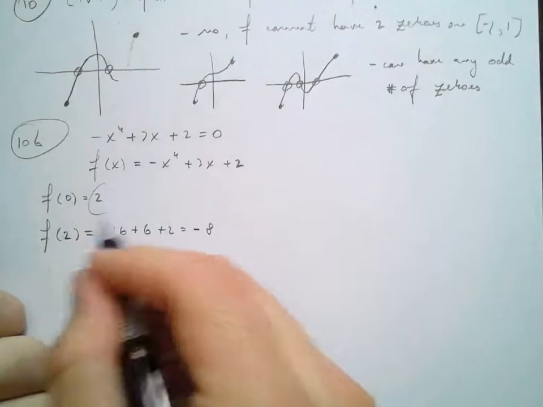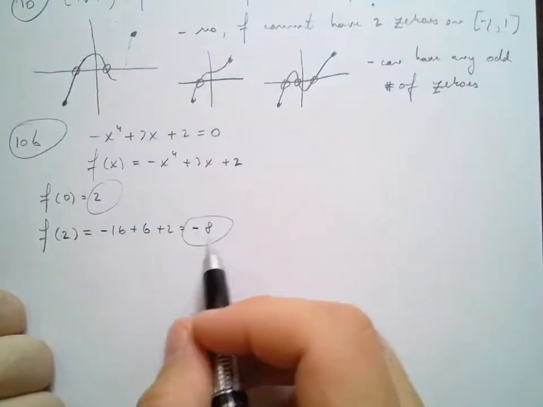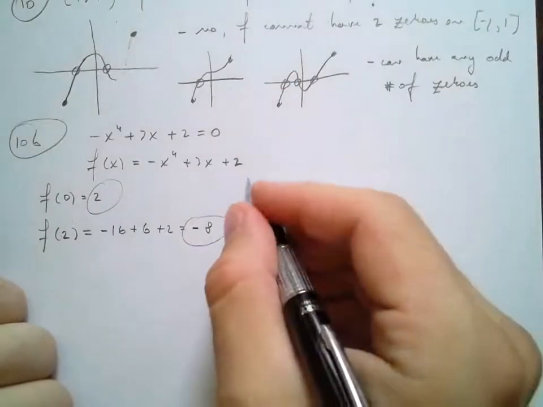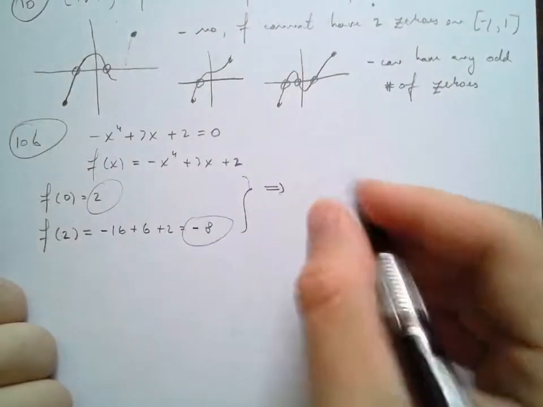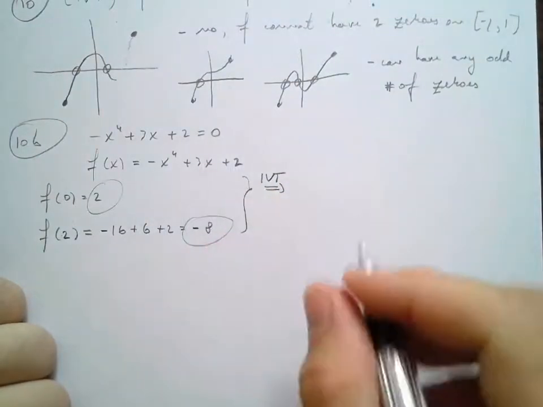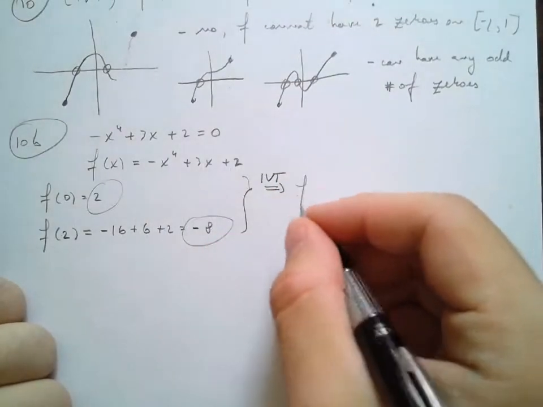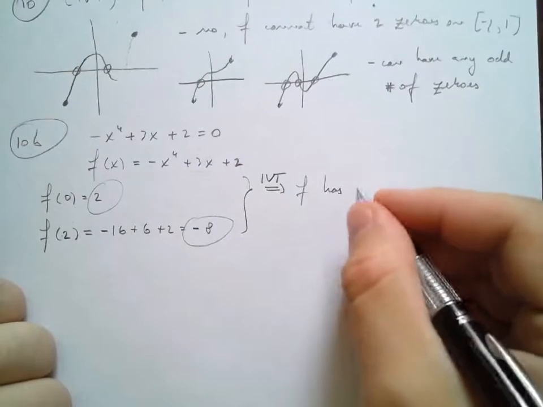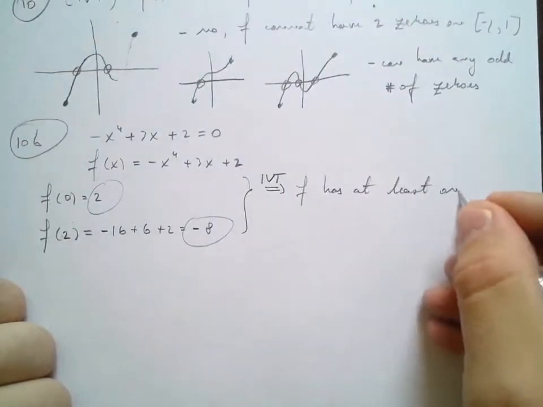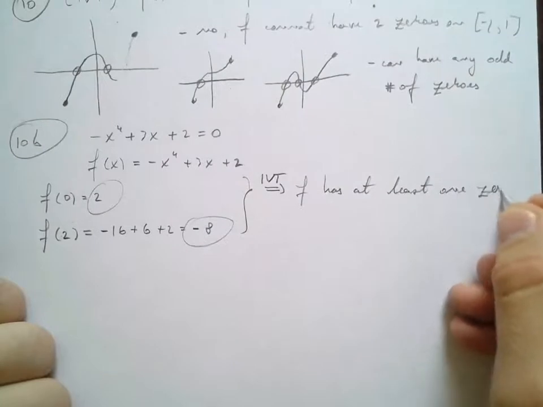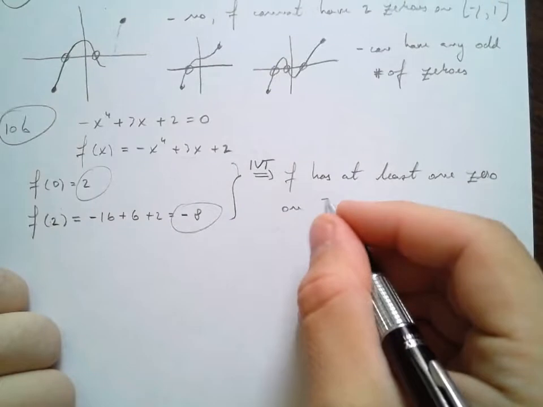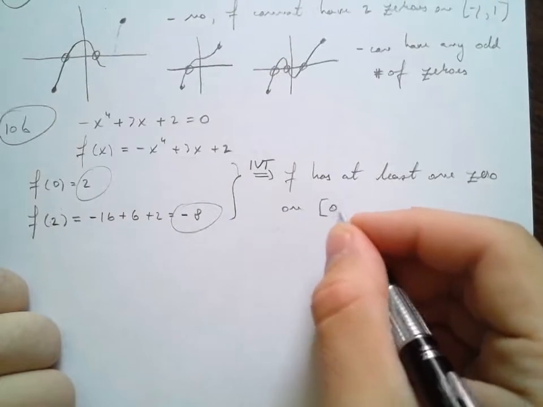Now since one of these was positive and the other one was negative, that means by the intermediate value theorem, okay, this is a polynomial, it's continuous, that f has at least one 0. It could have 1, it could have more, in the interval 0 to 2.